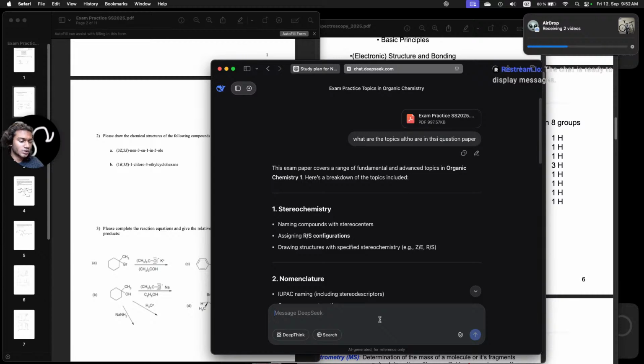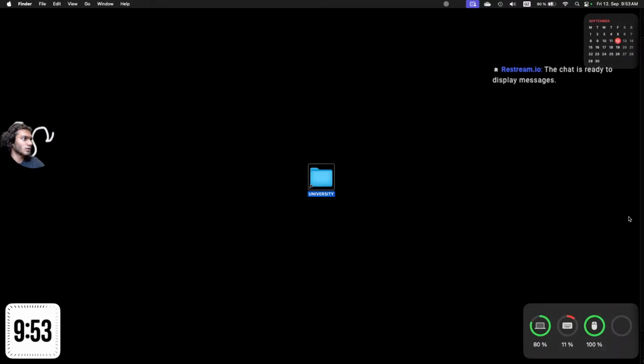Could you tell me? Well, the keyboard's off. It's 11%. It's so weird. How did the keyboard just lose all the battery?